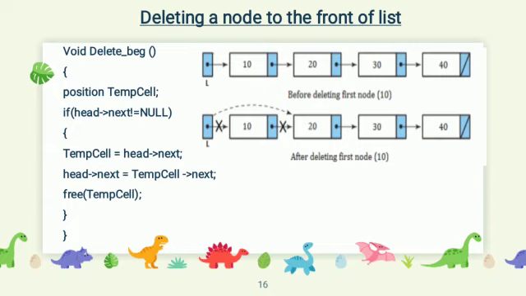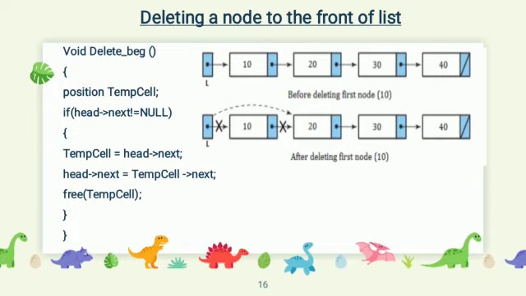My function name is delete begin. First we declare the position of temp cell. Here temp cell is the node which we are deleting from the list. First we set temp cell as head of next, because here we are deleting the first node, that is, the next node of the head node.